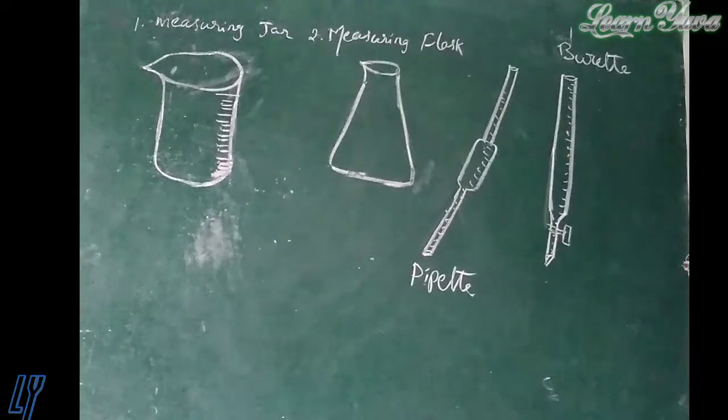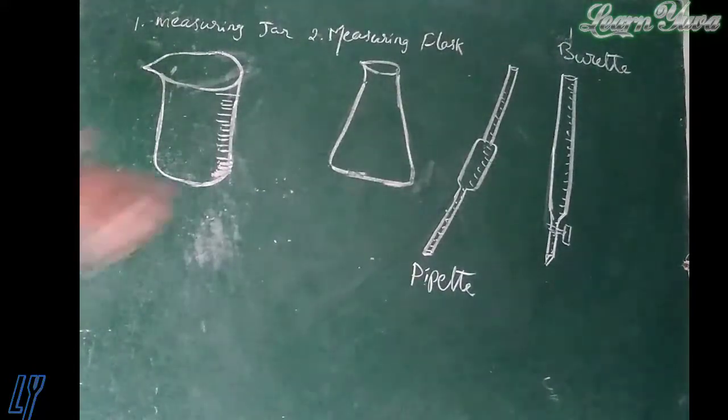So to measure the volume of liquids accurately, we have to use some devices, like a measuring jar or measuring cylinder. These are the devices used to measure liquids.